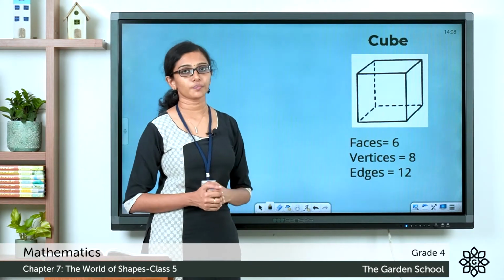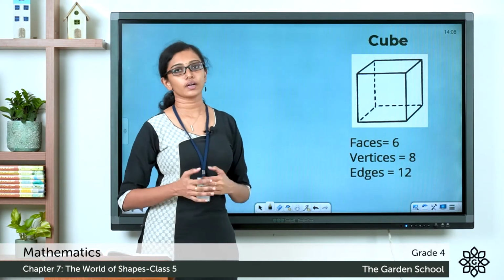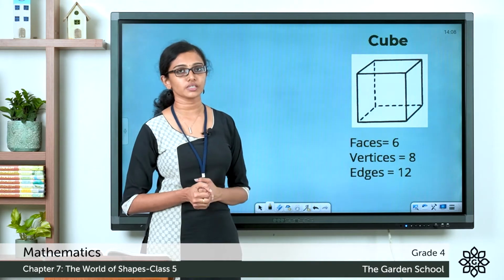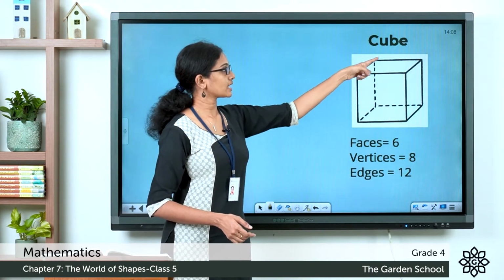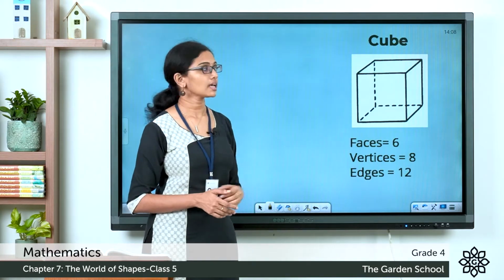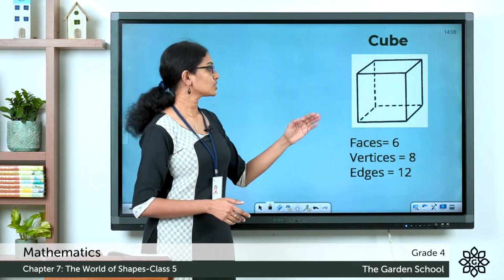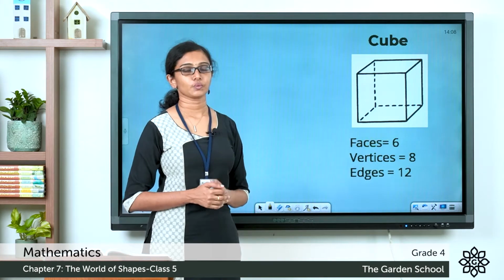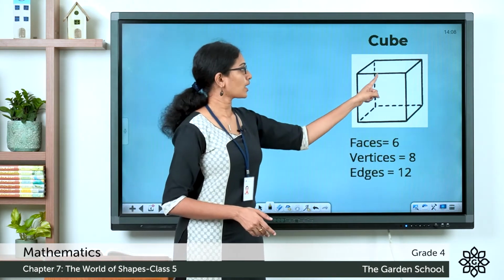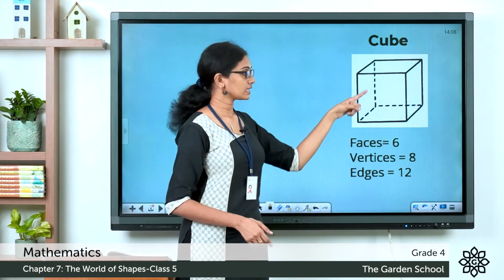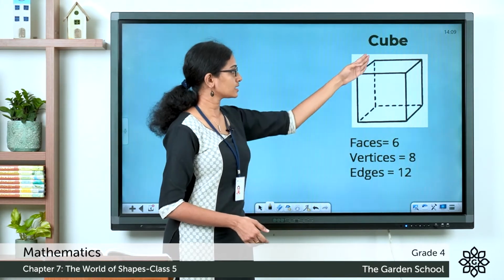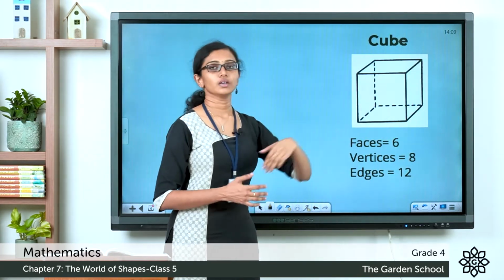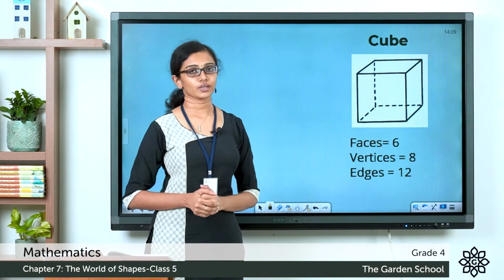There are 8 corner points or 8 vertices for a cube. And what about the edges? We know where the faces meet, there are line segments like these and these are the edges. And for a cube, there are 12 edges. Which are the 12 edges? 1, 2, 3, 4, then 5, 6, 7, 8, then 9, 10, 11, 12. These are the 12 edges of a cube.